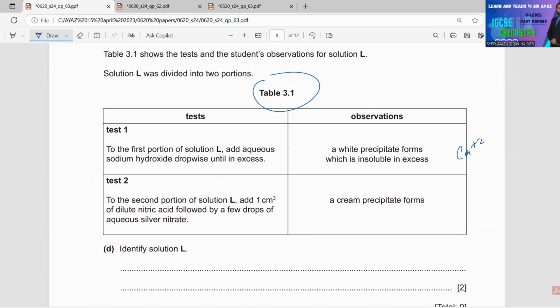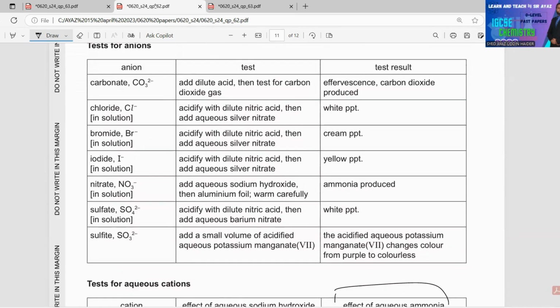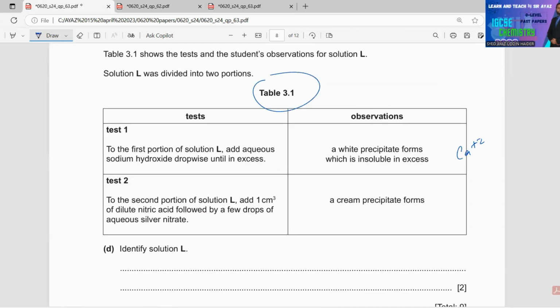To the second portion of solution L, add 1 centimeter cube of dilute nitric acid followed by a few drops of aqueous silver nitrate. A cream precipitate forms. This is a test for the anions. If you look at the test for the anions, this is a test for the halide ions. When you are going to add nitric acid and silver nitrate, and they are saying cream precipitate, it must be of bromide ion, Br minus.